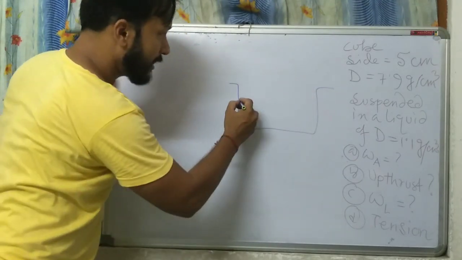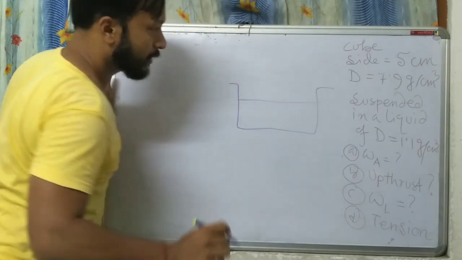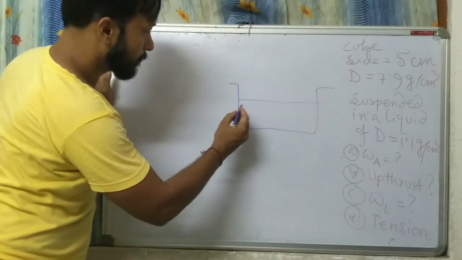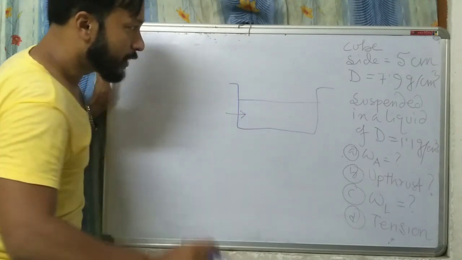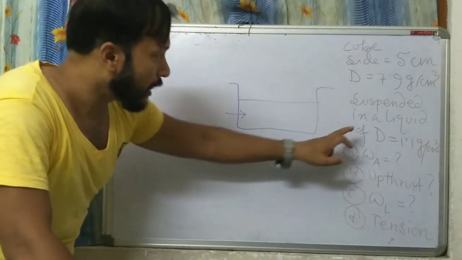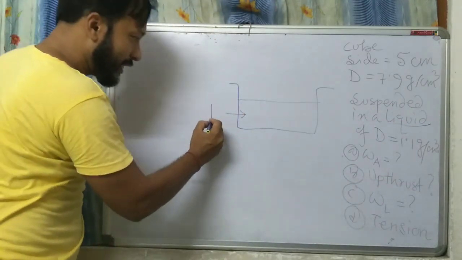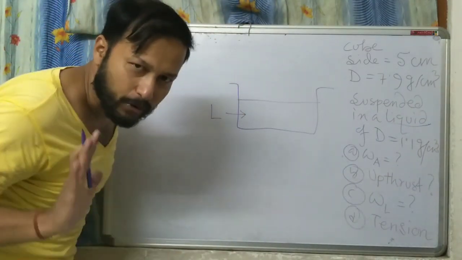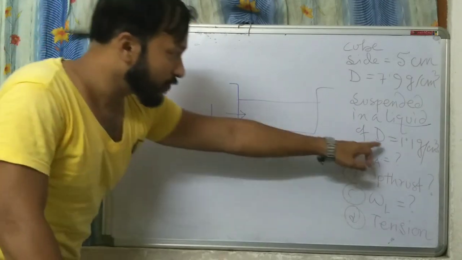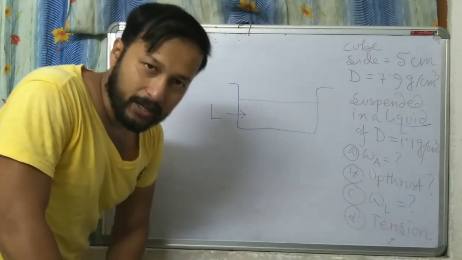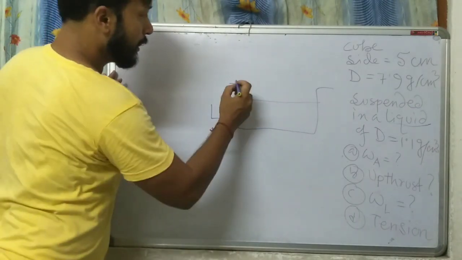Okay, and here is the liquid. The liquid we do not know. The liquid is mentioned here, so we are also writing liquid. We do not know what liquid is there, but the density of the liquid is given as 1.1 gram per centimeter cube. Fine.